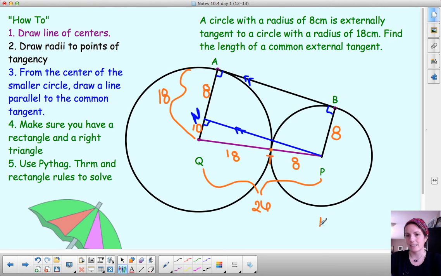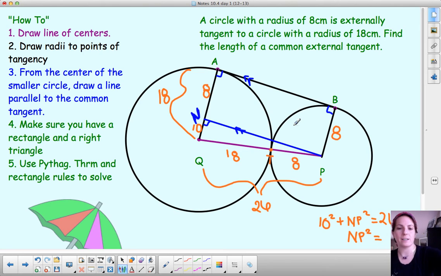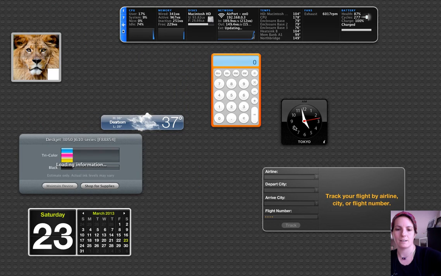I would do 10 squared plus NP squared is equal to 26 squared. Let's see. NP squared is equal to, I don't know 26 squared off the top of my head. 26 times 26, 676.